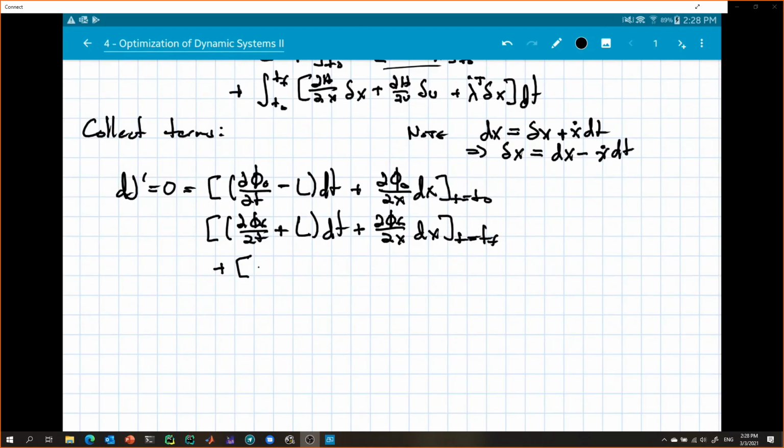So we get lambda transpose times dx minus x dot dt. And then we get the same integral as before.